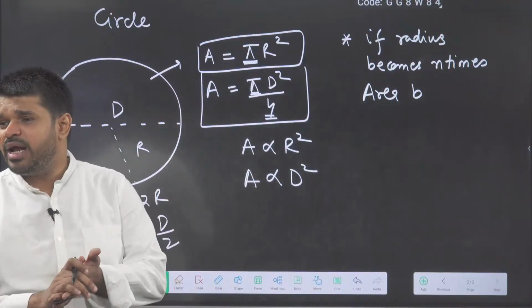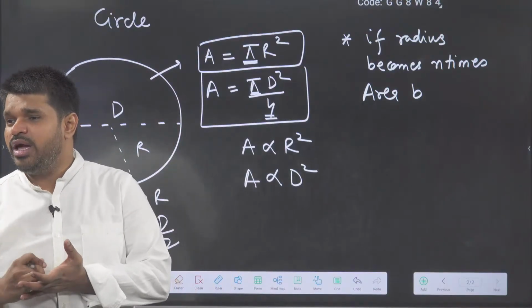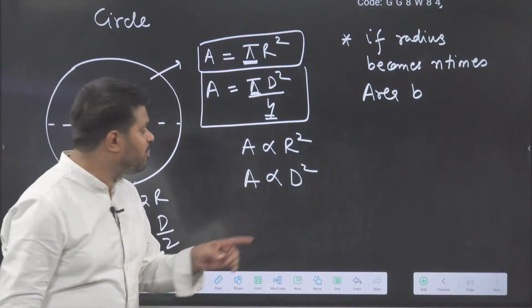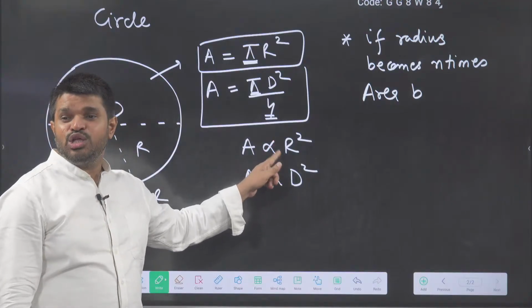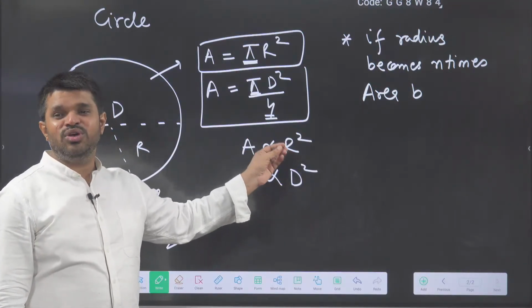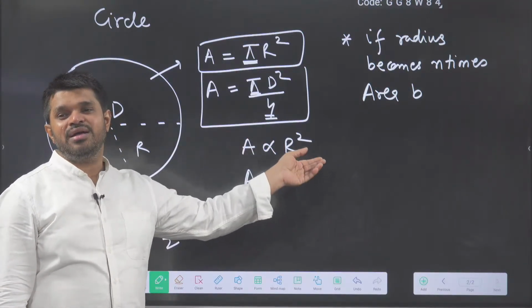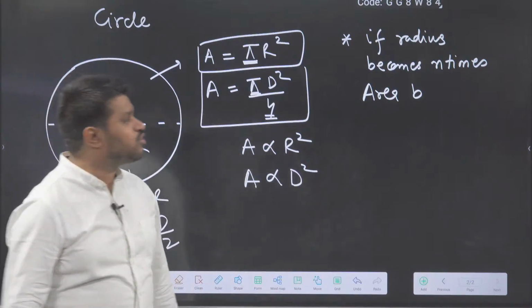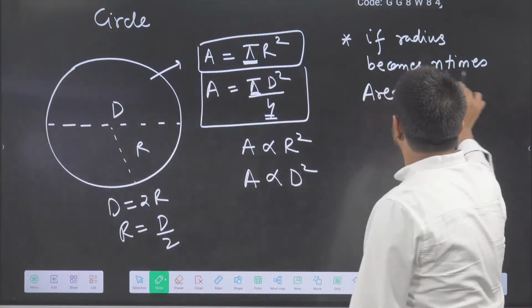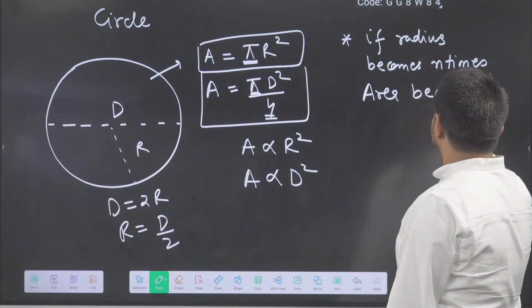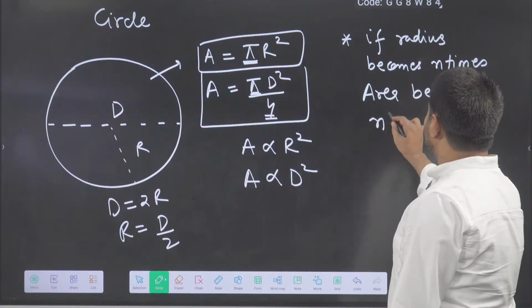Area is proportional to radius squared. Area will become how many times? N square times. In the place of r you will put nr, so you will get n square r square. So the extra term coming is n square. So if radius becomes n times, area becomes n square times.